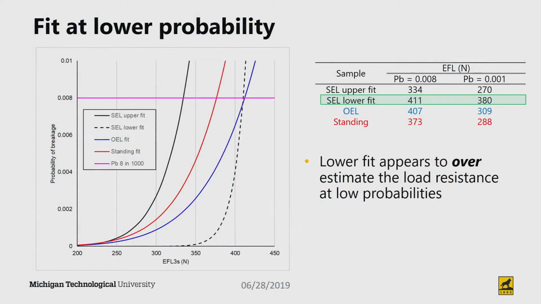Now that data is telling us that our cut edge is actually stronger at this lower probability than the one that was the highest, which was the other edge. The question is, does that actually make sense? In this case, I think we're probably over-predicting the strength by using that other fit, because rationally it shouldn't match. So the question is, how do we figure that out?